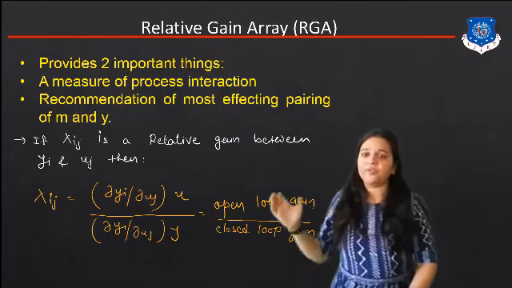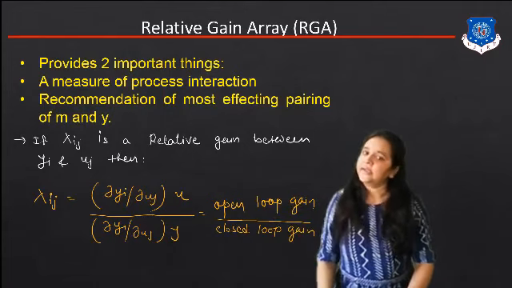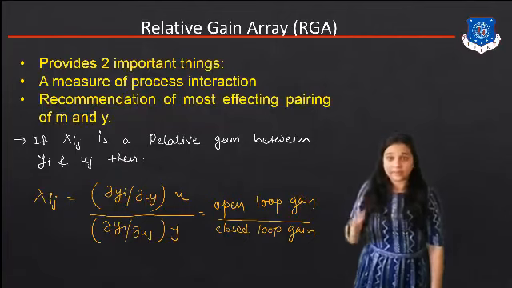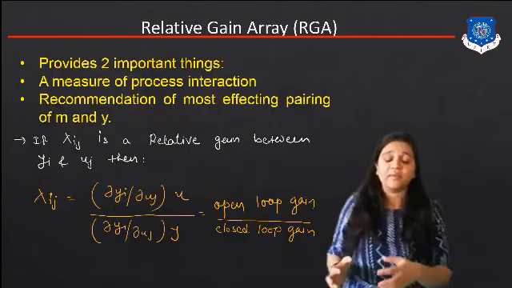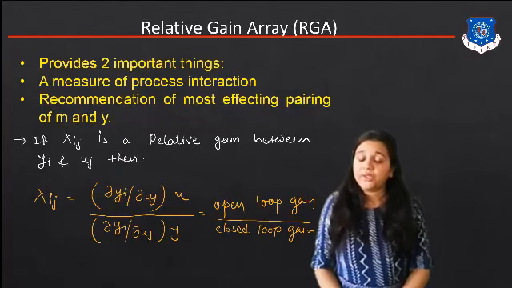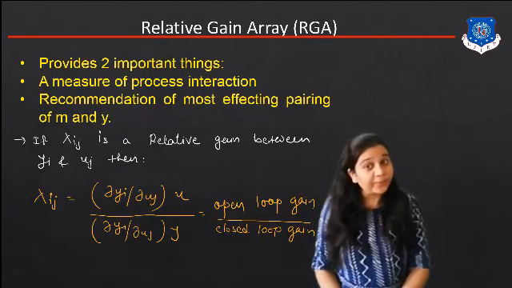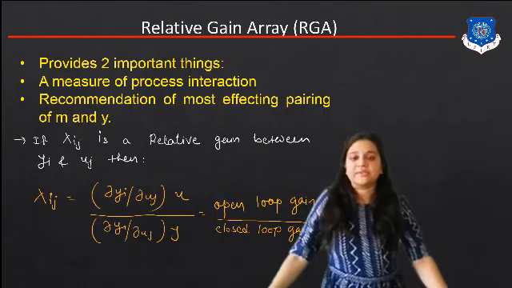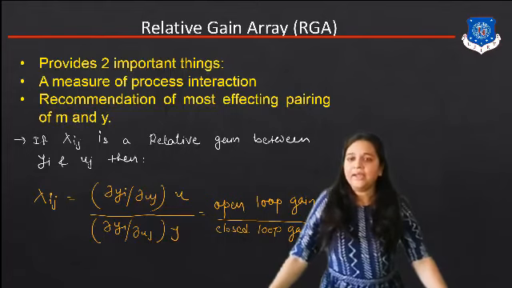So if lambda ij is the relative gain between yi and uj, then because y is our multi-loop output and u is my multivariable input, we can check the multivariable from n cross n input output pair. So we can take here yi and uj.